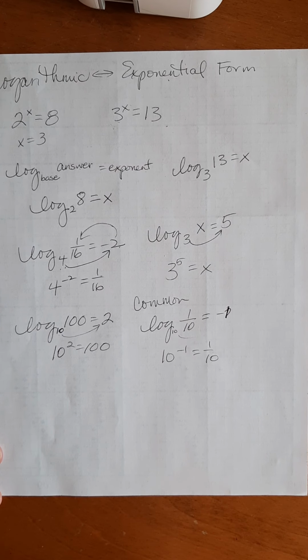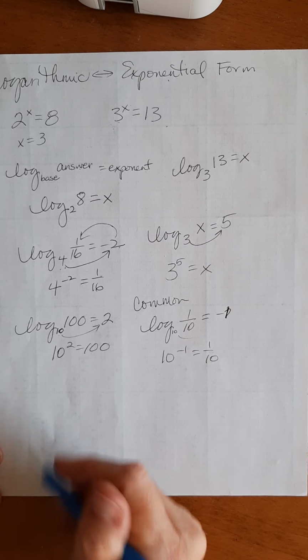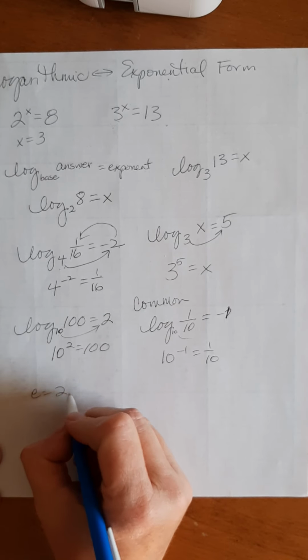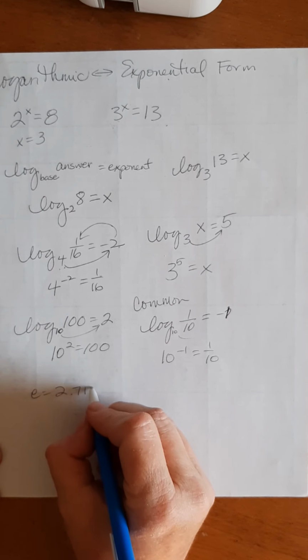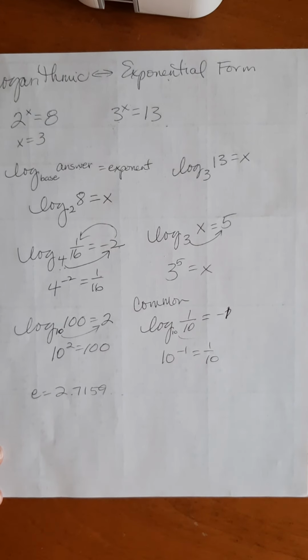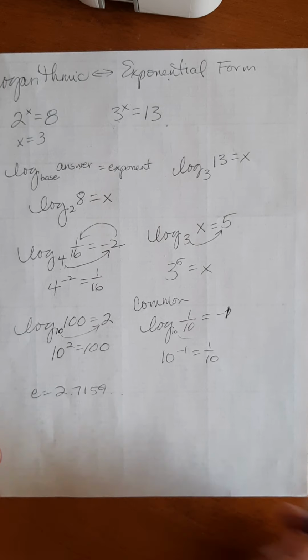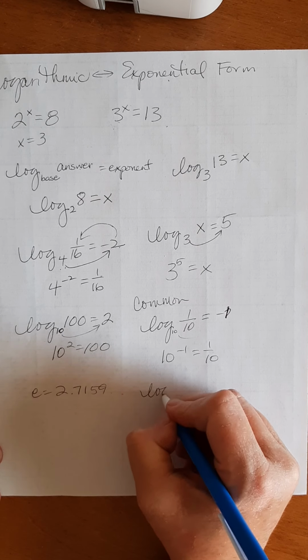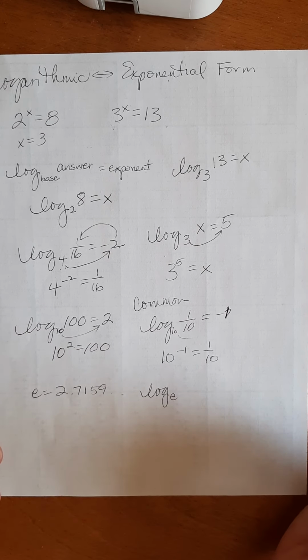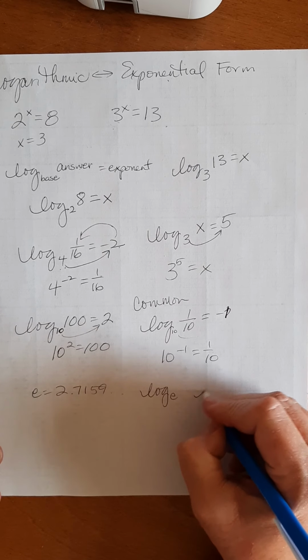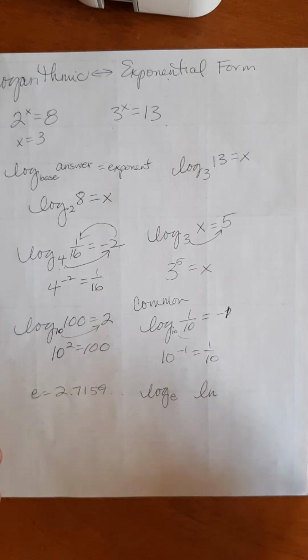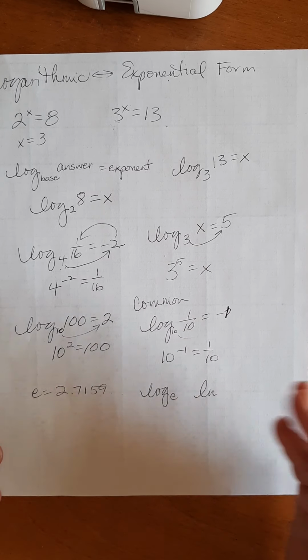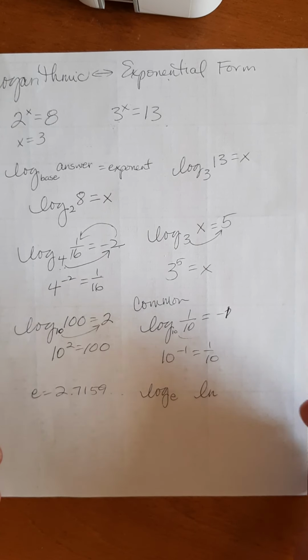Now there's also, just to throw it in there, natural log, which has to do with the second most common irrational number, e, which is, I know it's 2.71, but I think it's 59, blah, blah, blah. Pi is the most common. E kind of trails behind as a second. But if you have logarithm base e, that means natural log. Now, I know you're saying if it's natural log, then why is the L first?